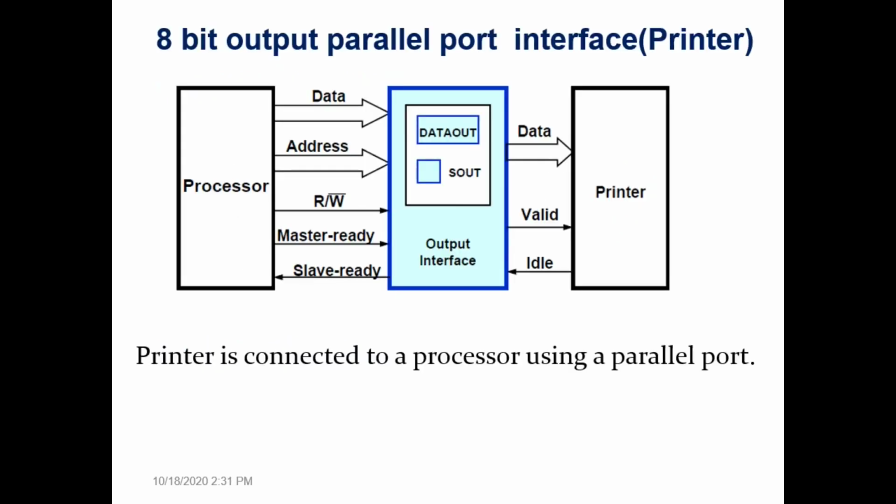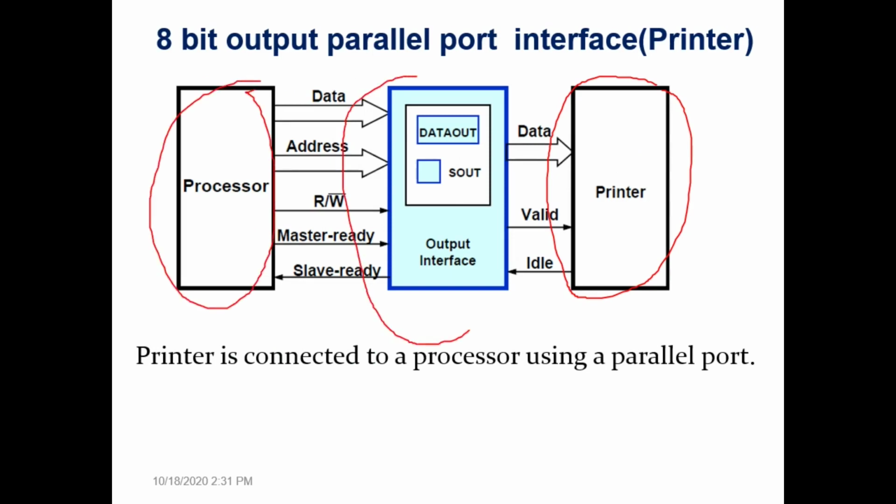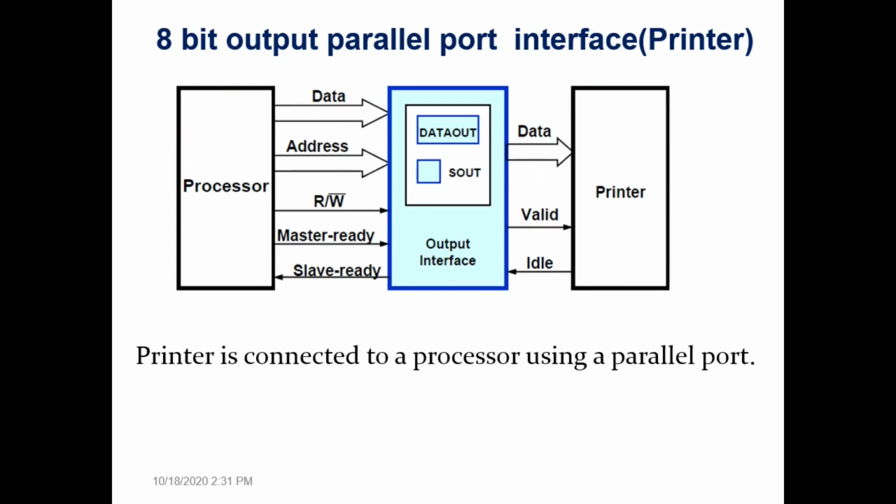Here, on the right side there is a printer connected to the processor on the left side using an IO interface circuit, that is, an output IO interface circuit on a parallel port. On the processor side for this interface circuit, we have data, address, read/write signals with master and slave ready signals. When the processor wants to send some data to the printer, it initially checks S out.